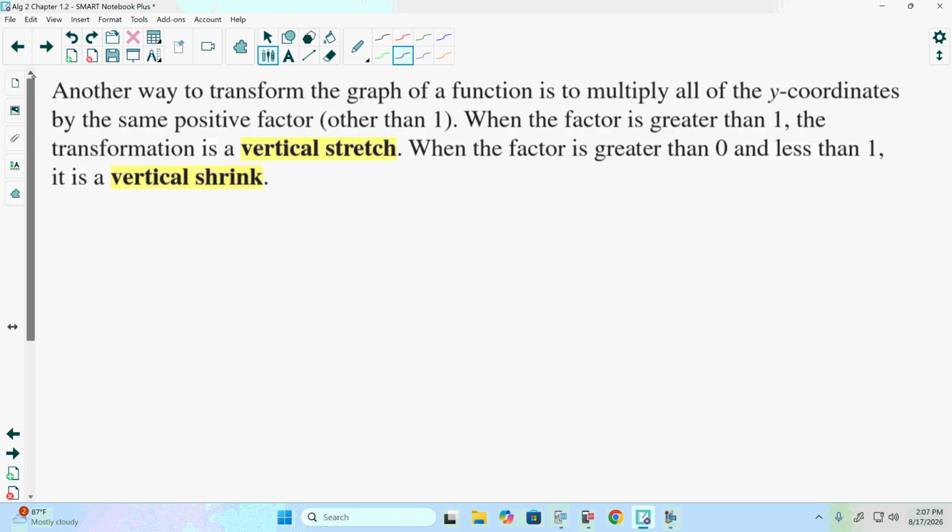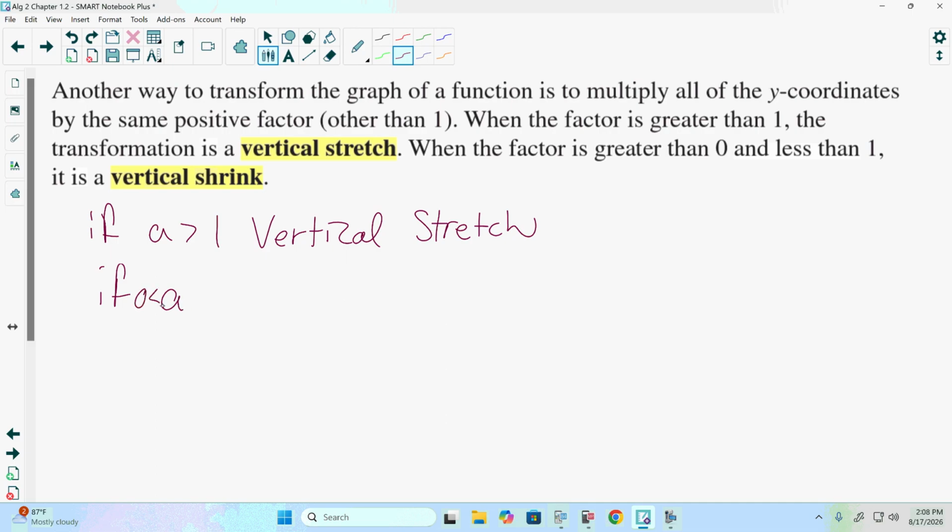So we'll add this to it. If a is greater than 1, it's a vertical stretch by that factor. If 0 is less than a is less than 1, it's a vertical shrink.